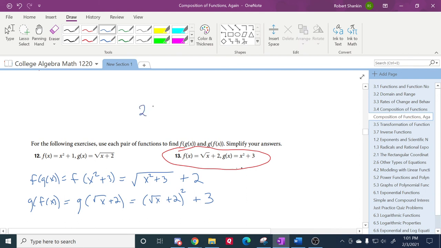2 plus 4, it doesn't matter what order you do that. 2 minus 4 and 4 minus 2, it does matter what order. What's this called when the order doesn't matter? Does anybody know the name of the property here? Anybody?